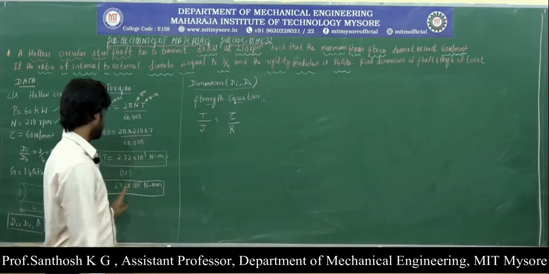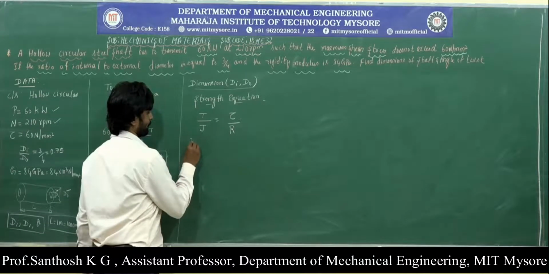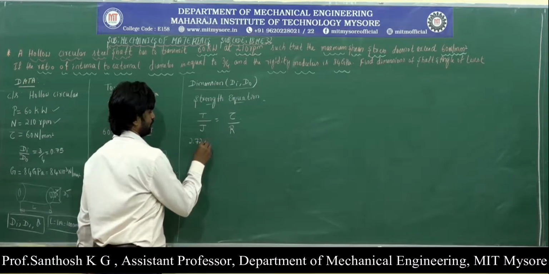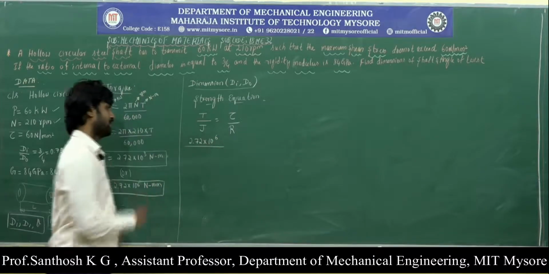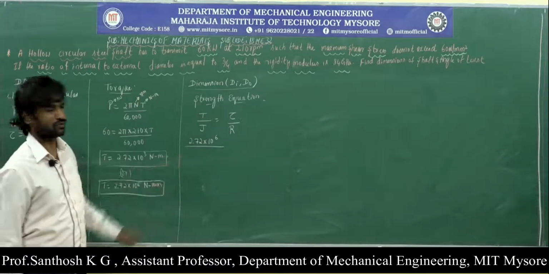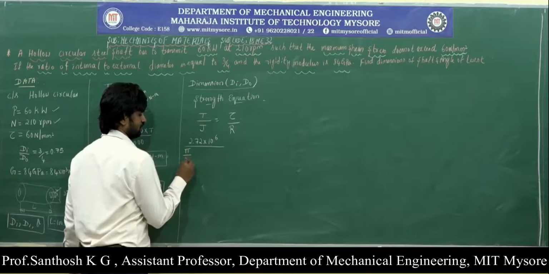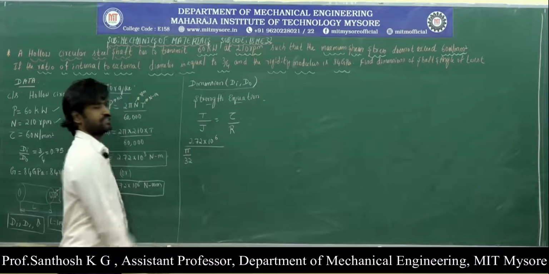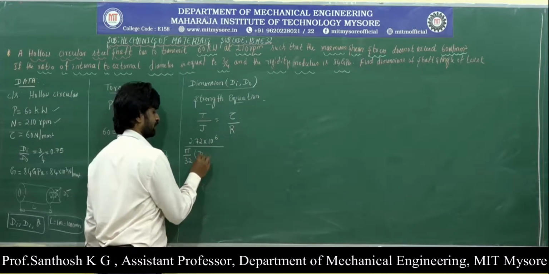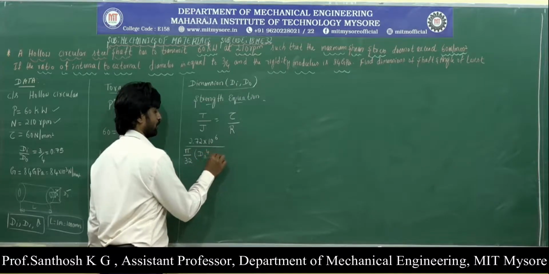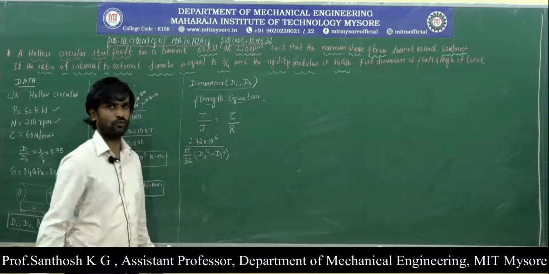T in Newton millimeter is 2.72 into 10 to the power of 6, divided by J. J is the polar moment of inertia. For a hollow cross section, the polar moment of inertia is pi by 32 in bracket d naught to the power of 4 minus di to the power of 4.